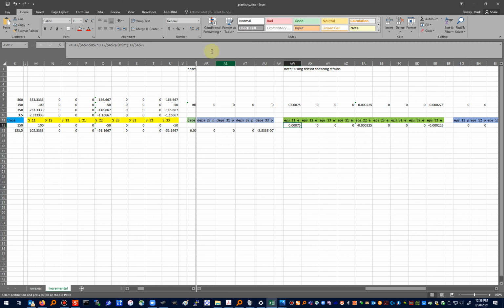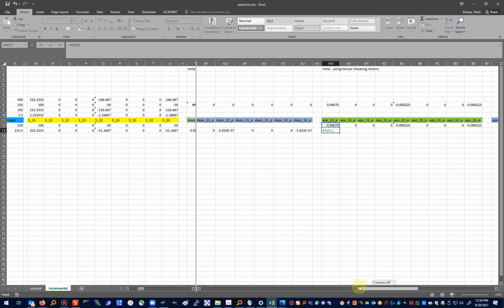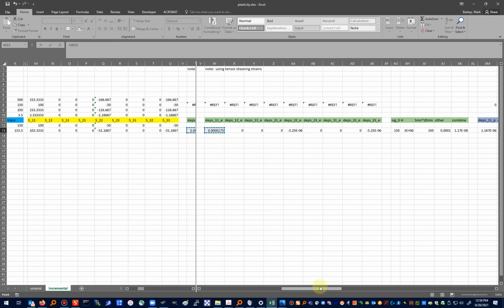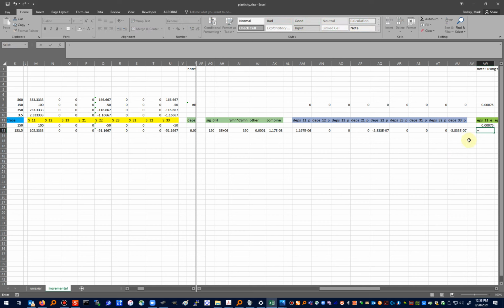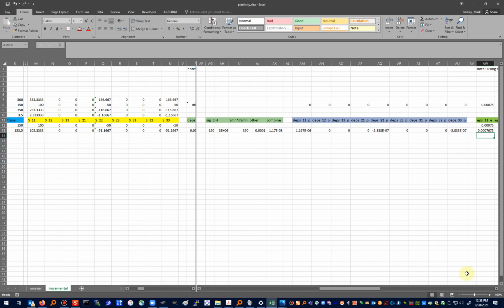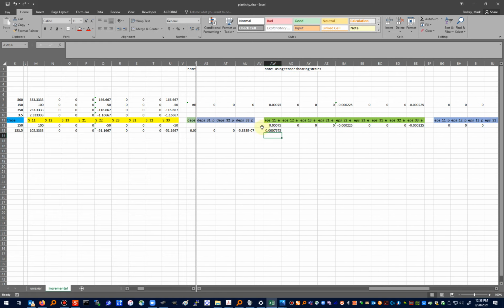We're going to take where we are currently at, and we're going to add the increment of the newly calculated elastic strains. So we're going to take this one and add it to this one. So we got a little more elastic strain, and we should be able to just paste this in here.